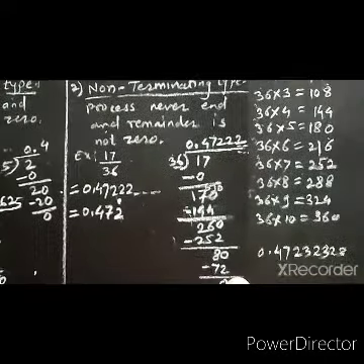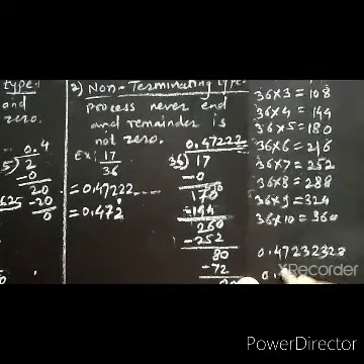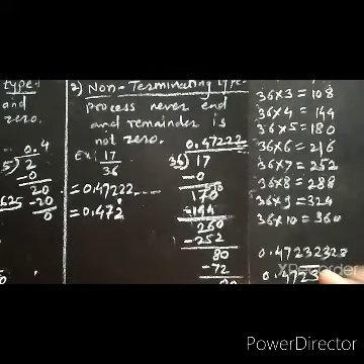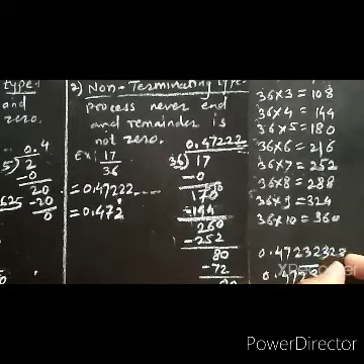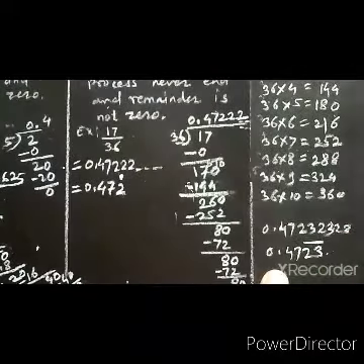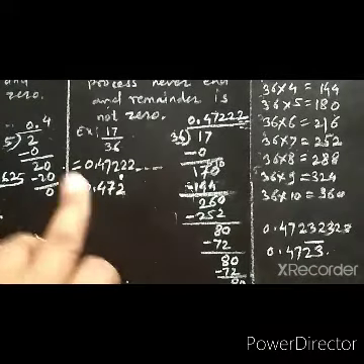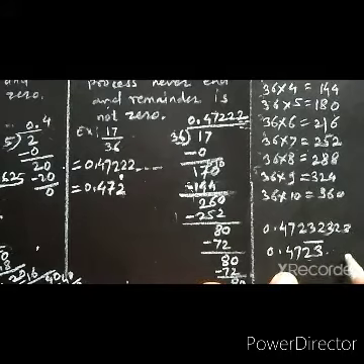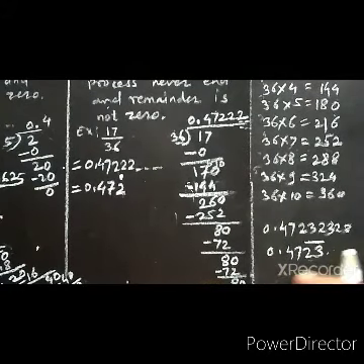Then we can write it in this way: 0.4723 bar, because this 23 comes again and again. Therefore 23 bar. For one number we have to put a dot, and for 2 or more than 2 numbers coming again and again, we have to put a bar.